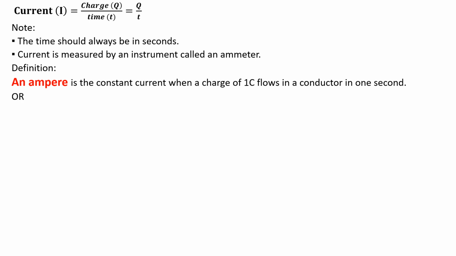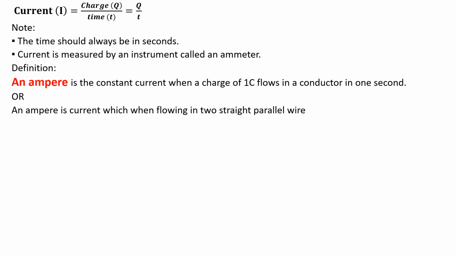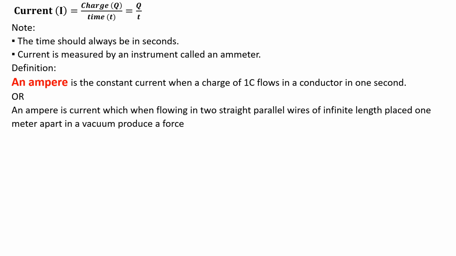that is ampere. Or another definition, an ampere is current which, when flows in 2 straight parallel wires of infinite length placed 1 meter apart in a vacuum, produces a force of 2 exponent negative 7 Newton per meter on each of the wires.